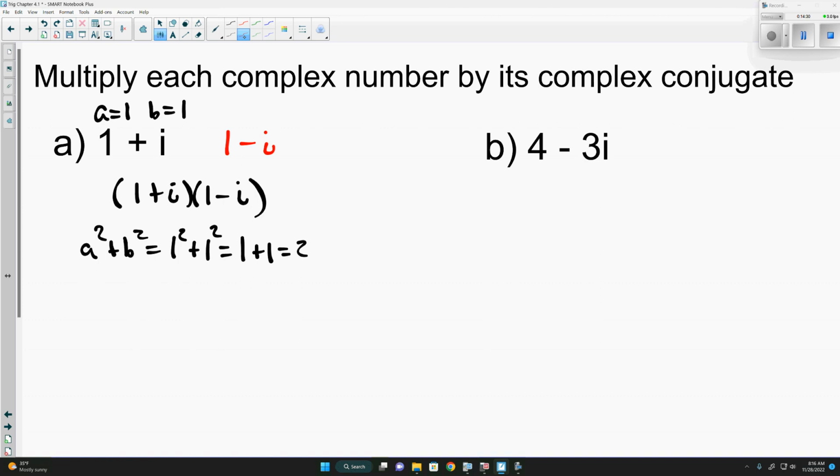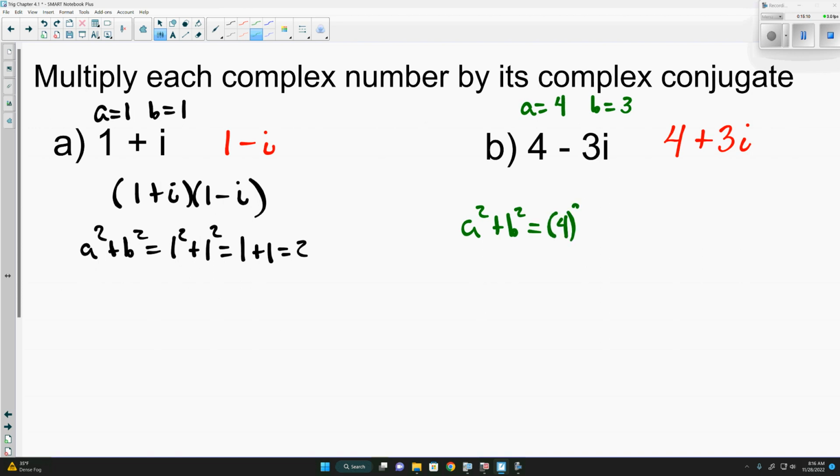Both ways work. Now, if we look at the next one, 4 minus 3i, its complex conjugate is 4 plus 3i. And then we just got to multiply these together to get our number. But we can plug it into the calculator and do it that way. Or we can look at this here. Well, a is 4, and the value of b is 3. It really doesn't matter what the sign is, because according to this theorem, it's really going to end up being a squared plus b squared.